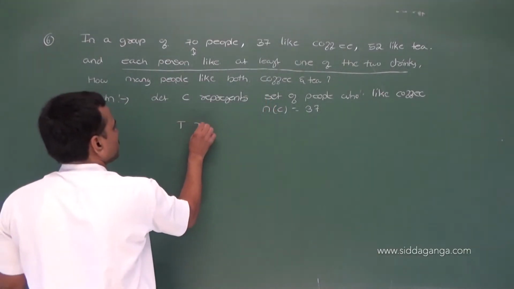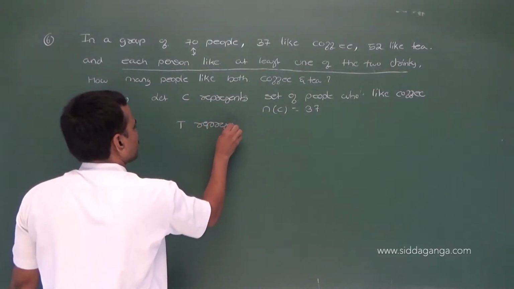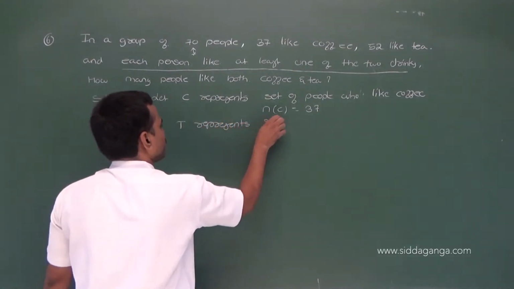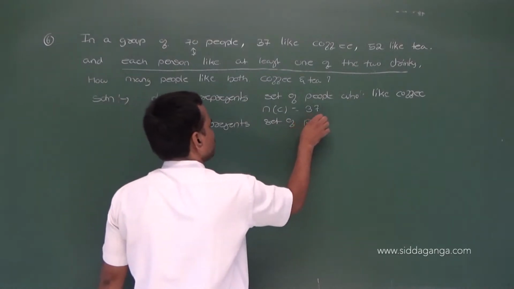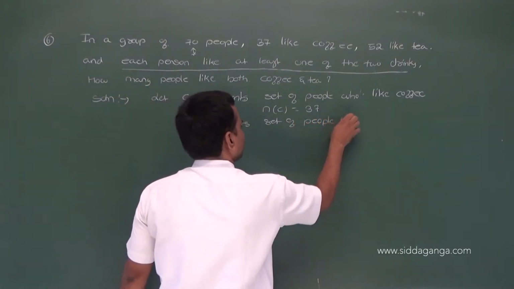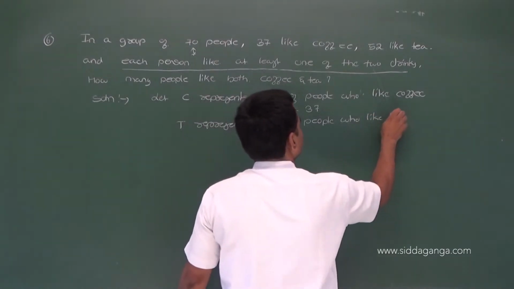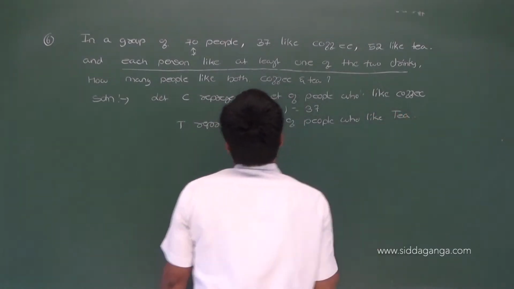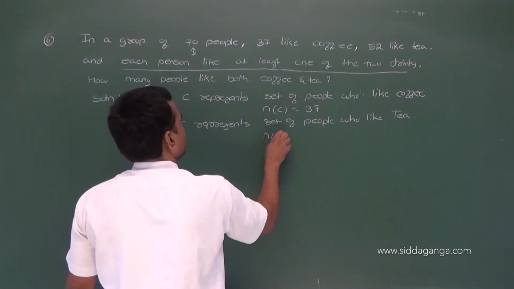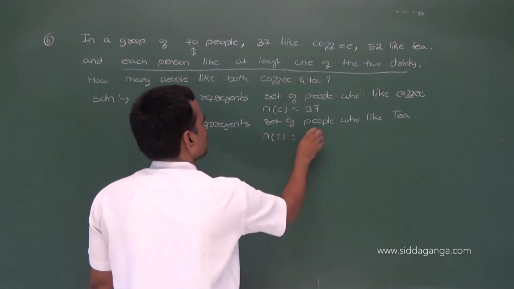T represents the set of people who like tea. N of T is how much? 52.